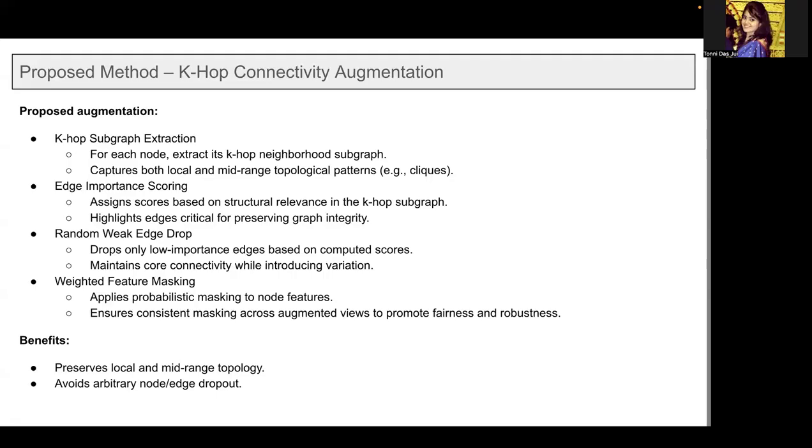We apply random masking to node features as well, in a structured and consistent manner. Rather than masking the features completely at random, we use a probability-weighted approach that ensures the important features are less likely to be removed. The same masking pattern is also applied across different augmented views to maintain fairness and consistency in the contrastive learning.